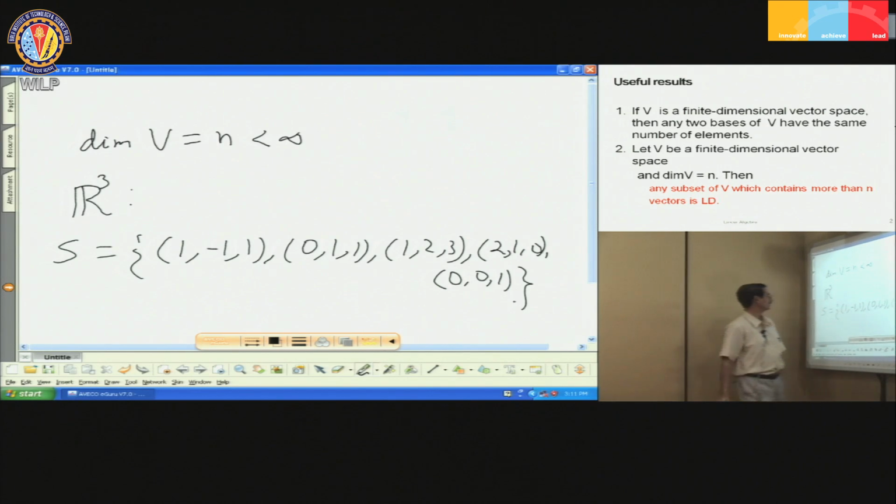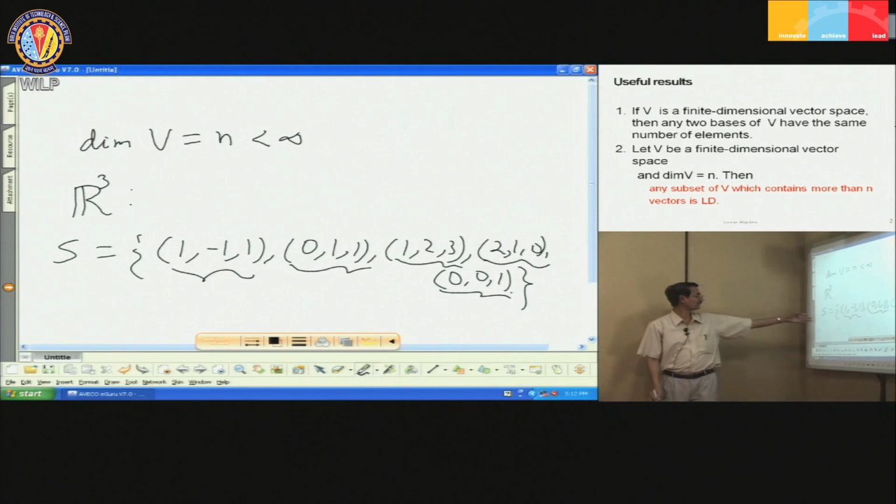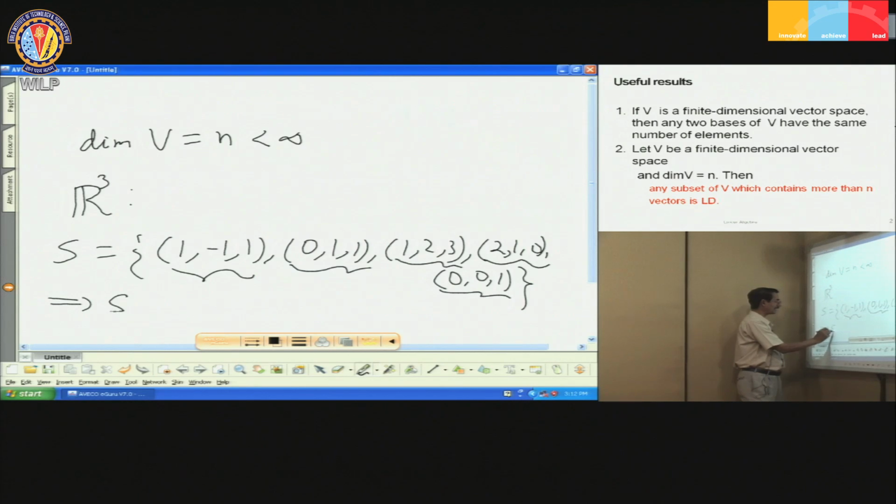See this set S. How many elements are there? This is one element, 1, 2, 3, 4, 5. There are 5 elements, and S is a subset of R3, and the dimension of R3 is 3, and it consists of more than 3 vectors. Therefore, this implies that S is linearly dependent.